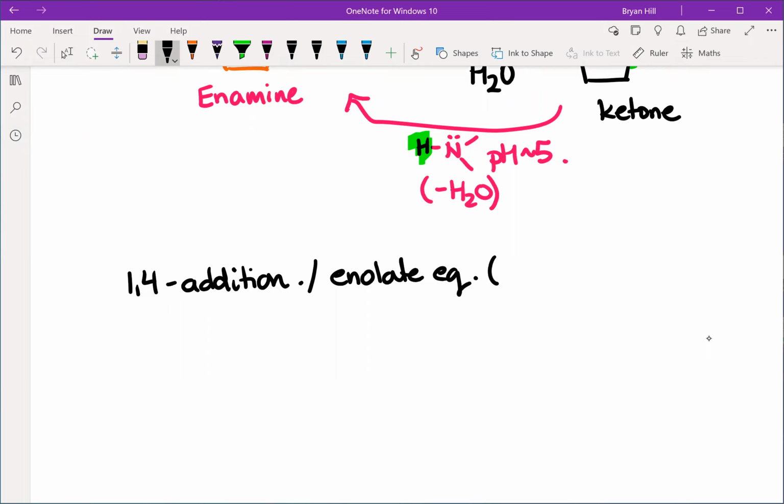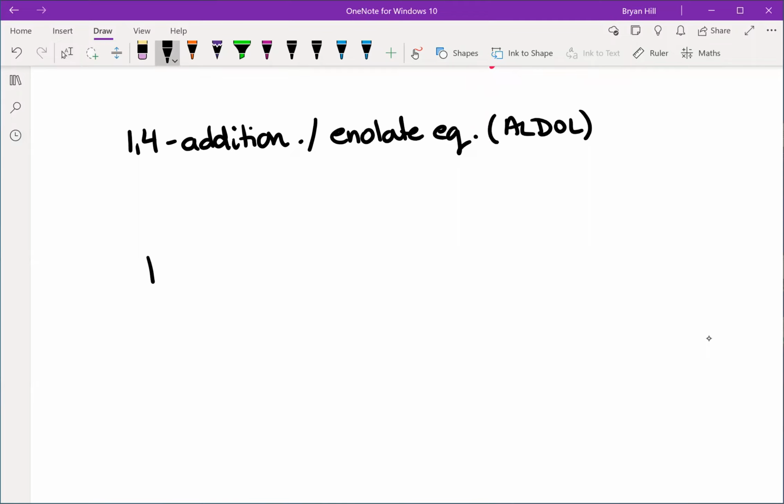So these could be things like aldol reactions, Claisen condensations, 1,4 additions. There's a whole bunch of things that the enolates can be used for. There's a really famous synthesis that uses this cyclic diketone. And you can imagine that these two protons here are quite acidic. So you can use a base to generate the enolate.